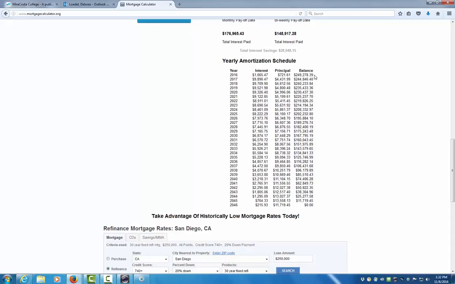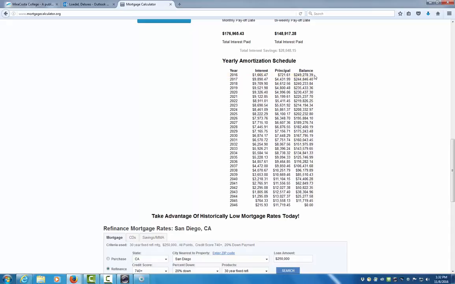In the beginning, your principal balance is $250,000, so a larger portion of your payment is going to go towards interest, and a lower percent towards principal.